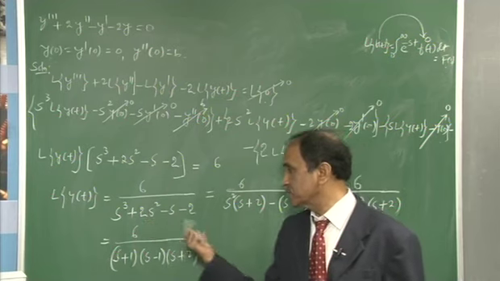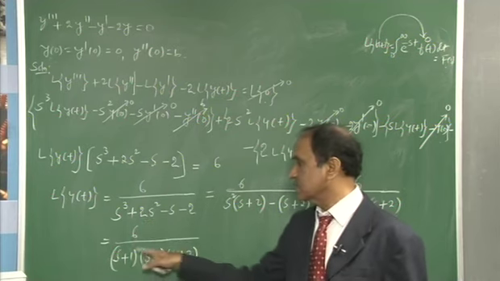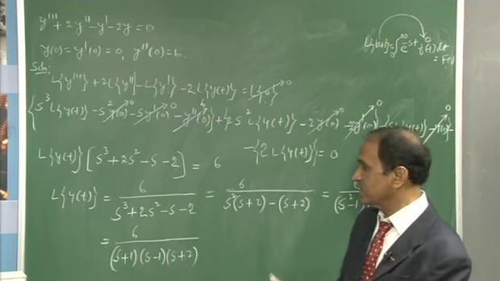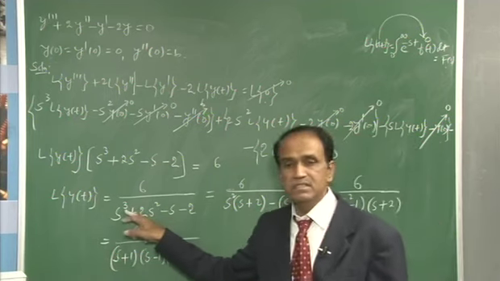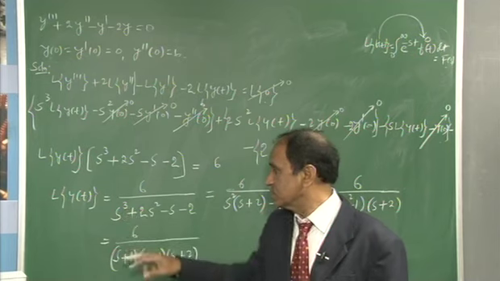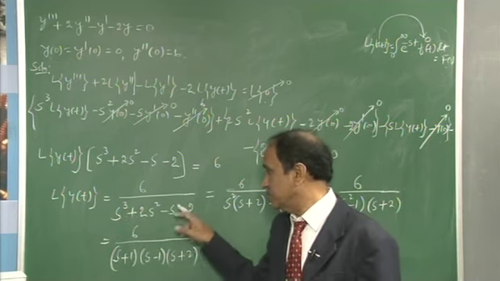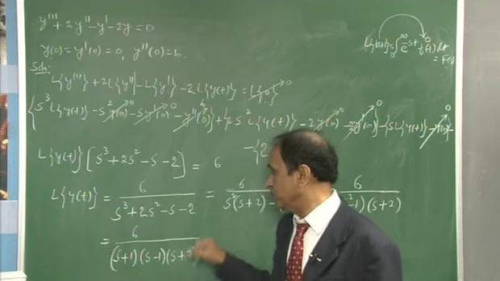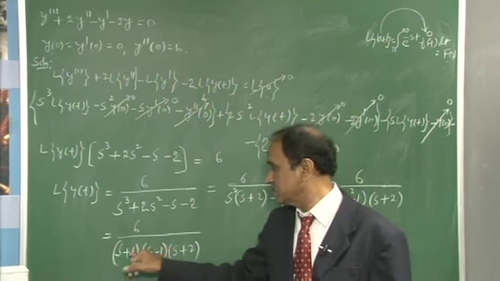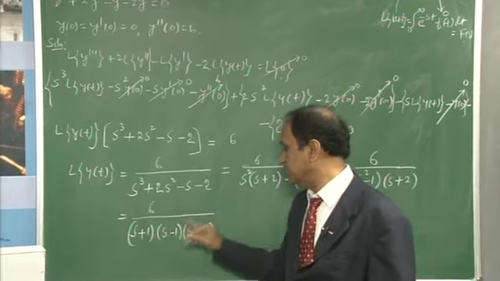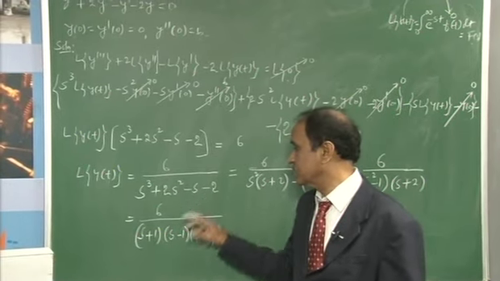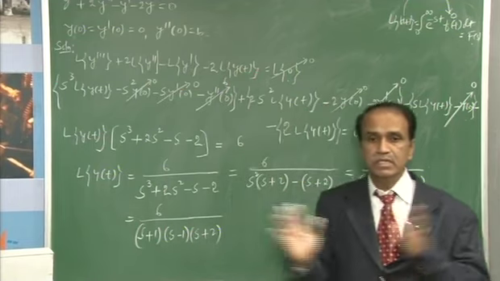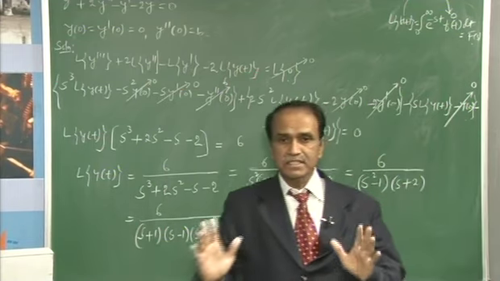When you multiply all these three brackets and expand, you get the third degree term, second degree term and first degree term, and finally the constant, plus into minus into plus, leaving a minus sign, 1 into 1 into 2, which becomes 2. Therefore your rearrangement is correct.